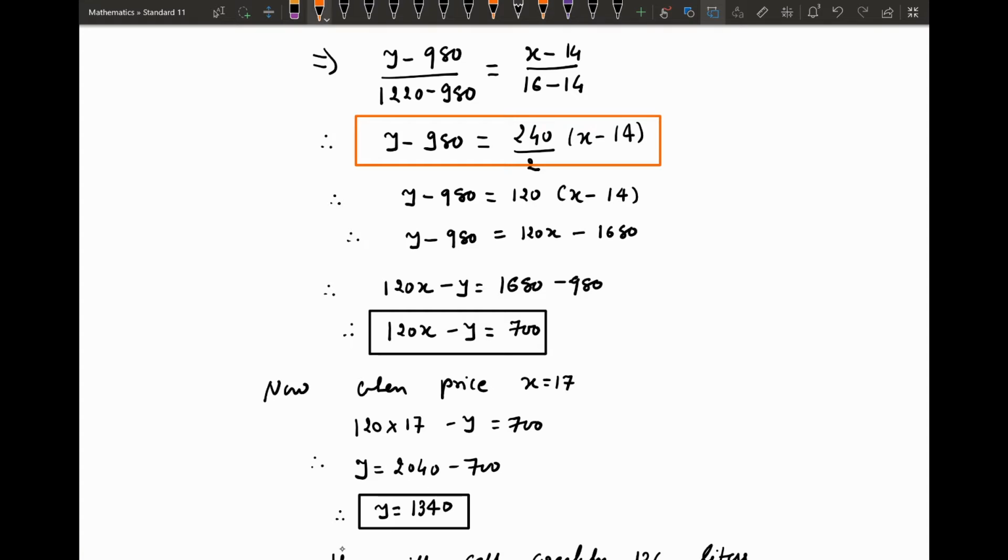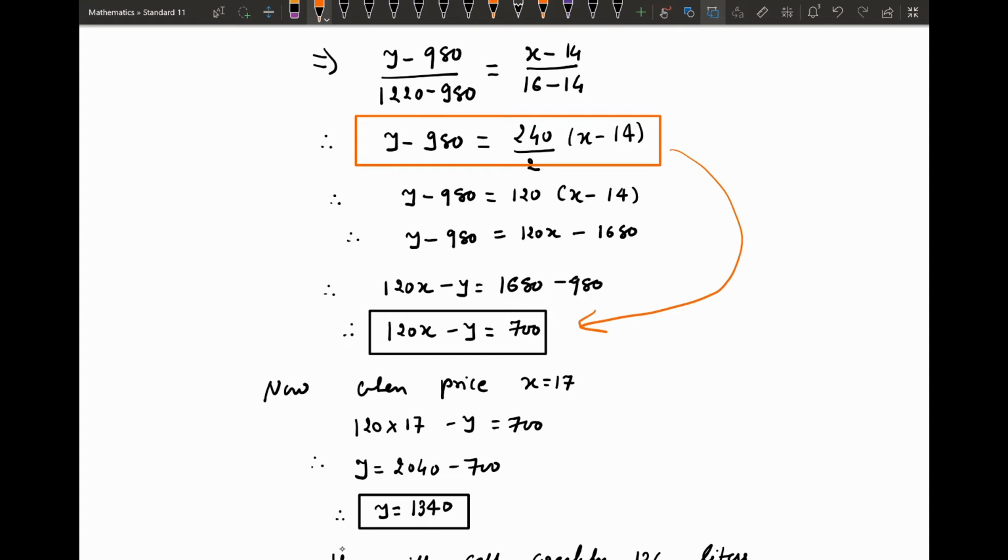Further simplification will give a linear relation: 120x minus y equal to 700. Here x indicates price, y is milk in liters.